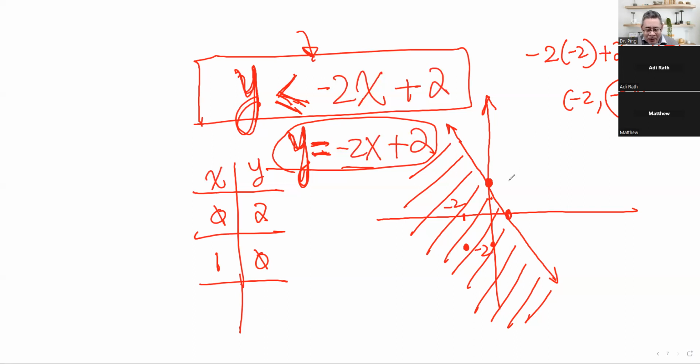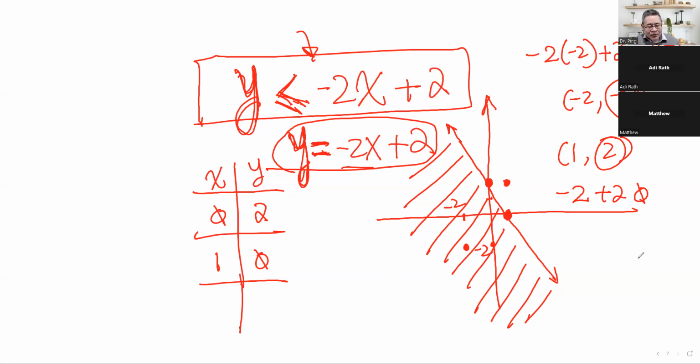But if we pick a point here, this is 1, 2. Then if we plug in 1 here, we get negative 2 plus 2 is 0. So for this point, the y here is bigger than the y on the line.